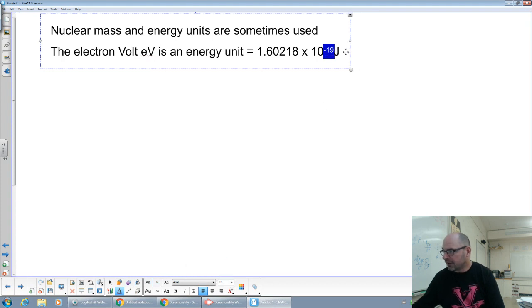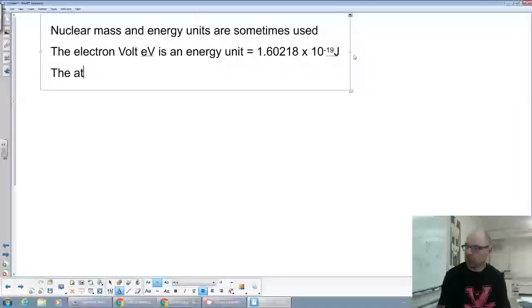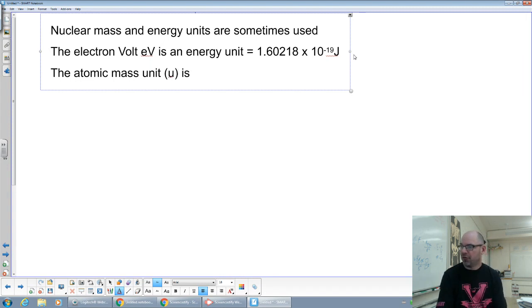So the next thing that they use, the atomic mass unit, which is just a little u like this, is used for nuclear mass.